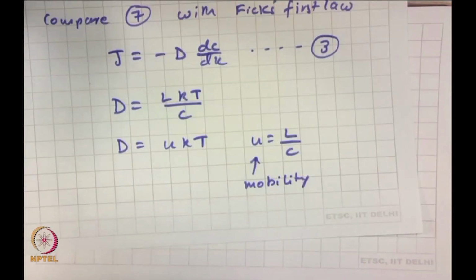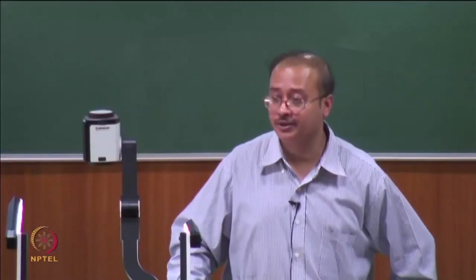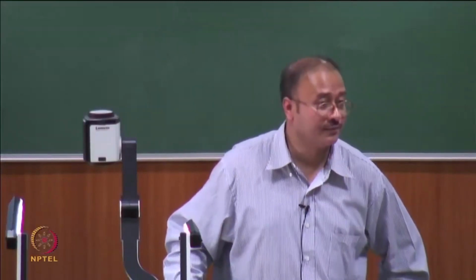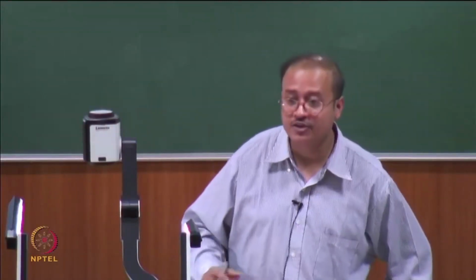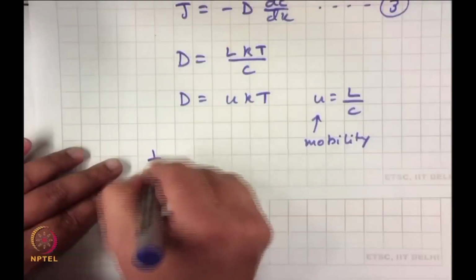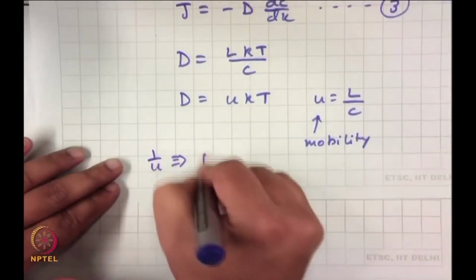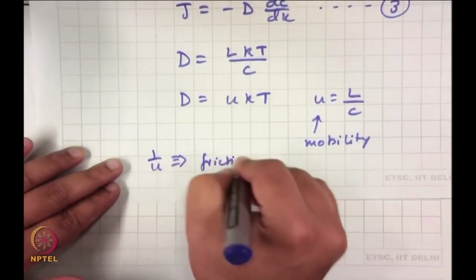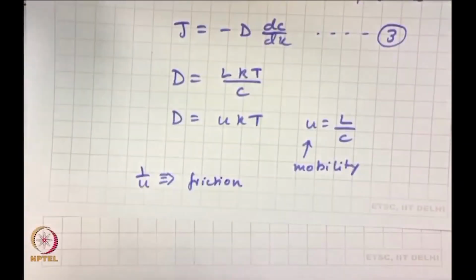Then you can see, if U is defined as mobility, then what is the inverse of U? It is the inverse of mobility. So, what is the inverse of mobility? It is essentially a friction, isn't it? So, the inverse of mobility would correspond to friction or friction coefficient.